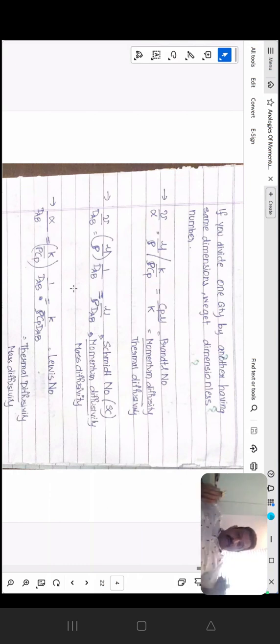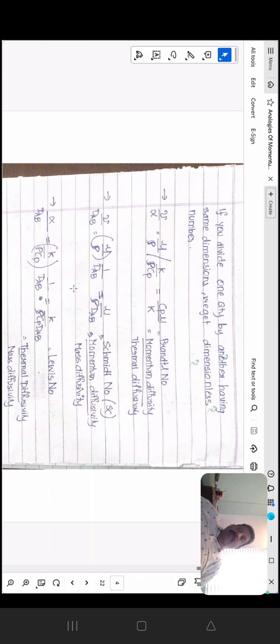So mu by rho is nothing but kinematic viscosity, divided by what? You call it mass diffusivity, right? So the kinematic viscosity divided by mass diffusivity, that is nothing but Schmidt number, right? That is nothing but Schmidt number.